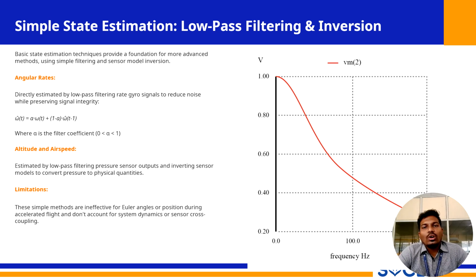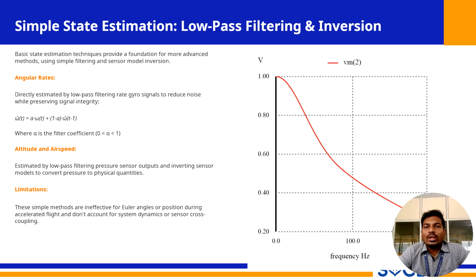One of the most common applications for this simple technique is cleaning up measurements for angular rates. The values from rate gyros are directly estimated by low-pass filtering the rate gyro signal to reduce noise while preserving the signal integrity.